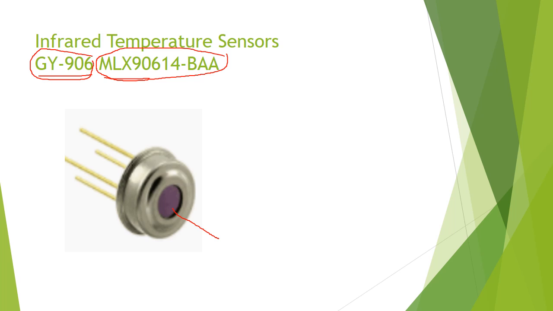So it works on the principle of black body radiation. What is black body radiation? If there is a body, any body, and it has a temperature above 0 degrees Celsius, the molecules of that body will move faster.